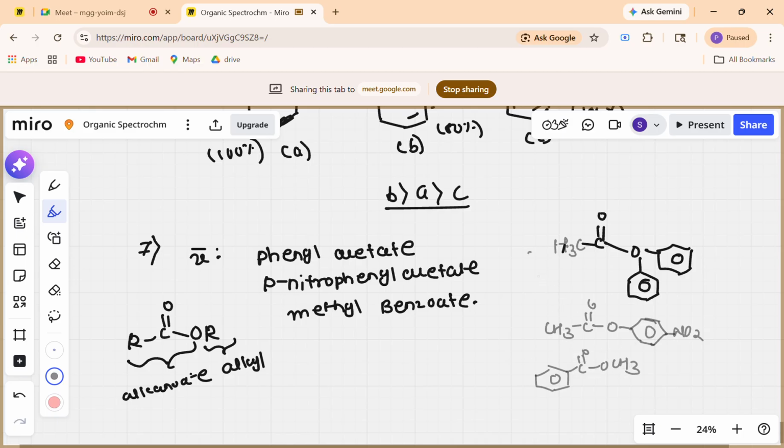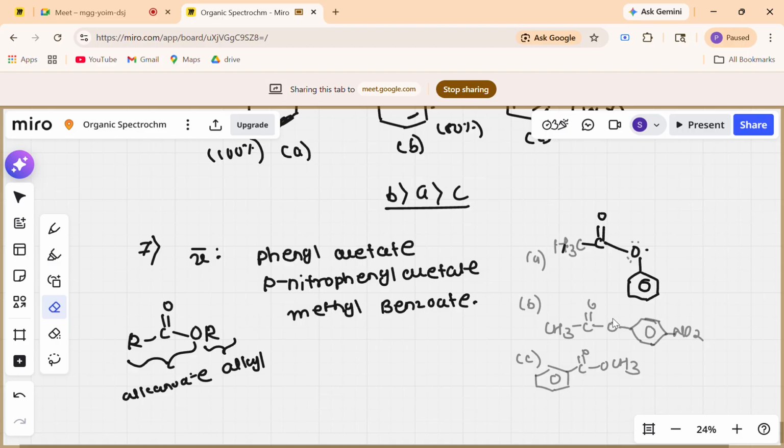Then para nitrophenyl acetate, how will the structure look? CH3 C double bond O attached to your phenyl group, and at the para position it has a nitro group. And the third one is methyl benzoate.